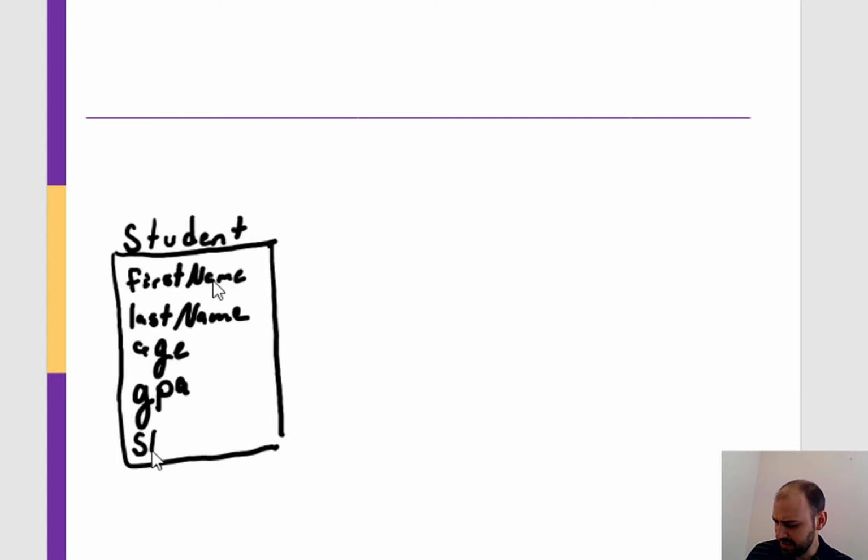We'll say that they also have a student ID. All right. Or to actually be a little bit more specific, we might even say, let's give the student a university ID. Okay. Which you all have, right?